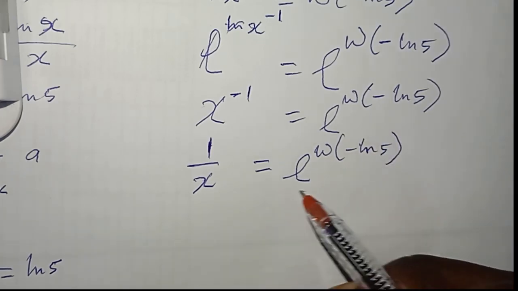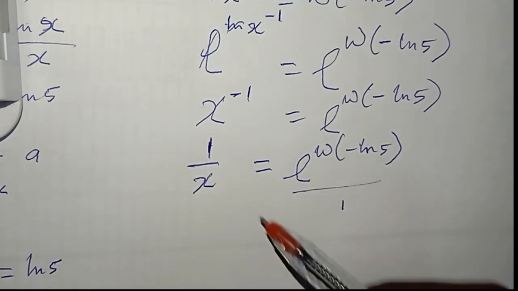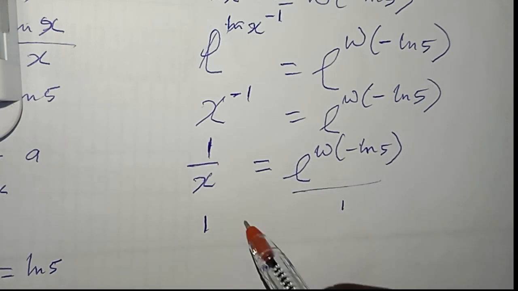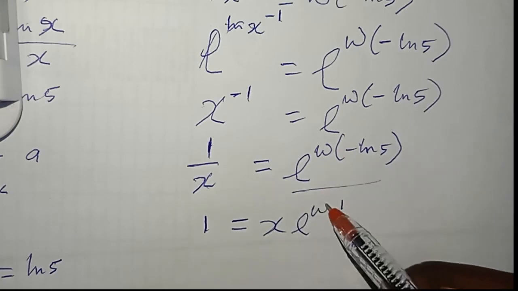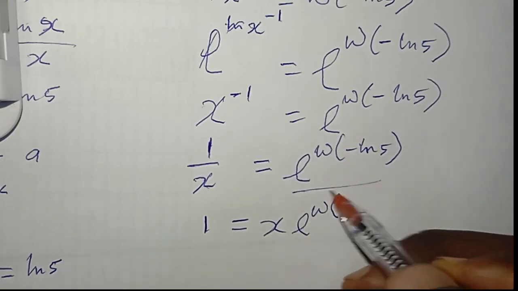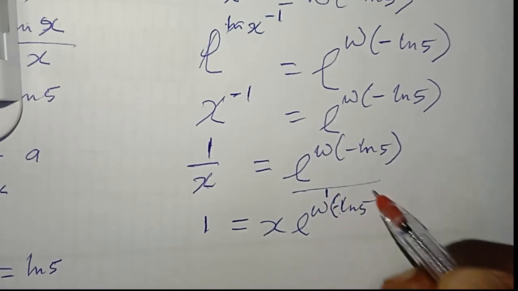Of course, this is also over 1. I have not changed anything, so that I can do cross multiplication. This 1 times this one right here is 1, and then is equal to x times exponential Lambda function of, let me write this one here, of negative natural log of 5.